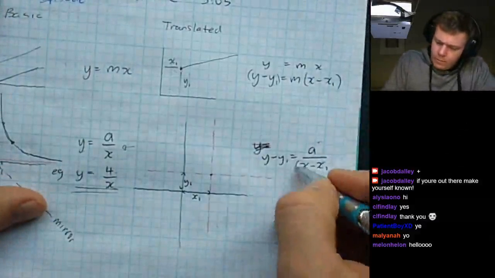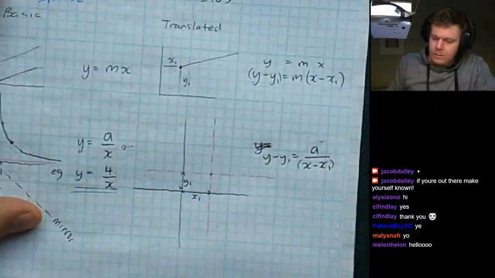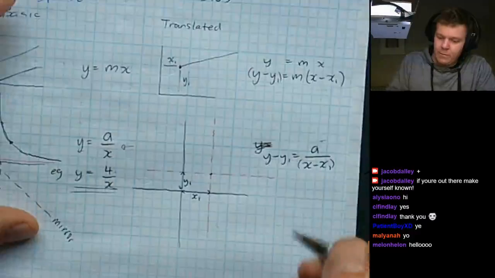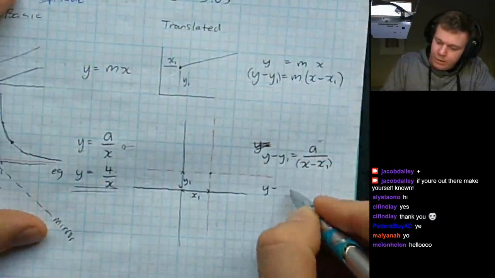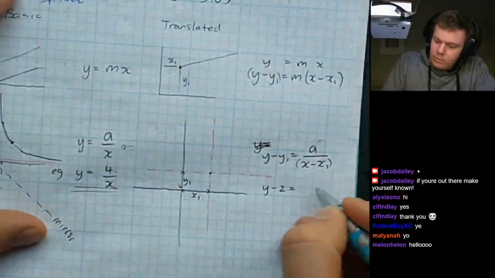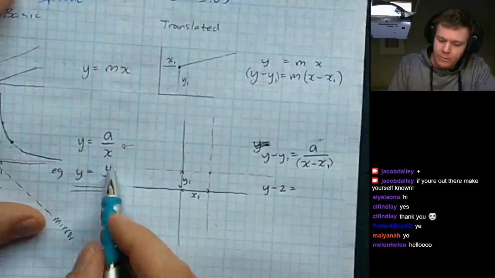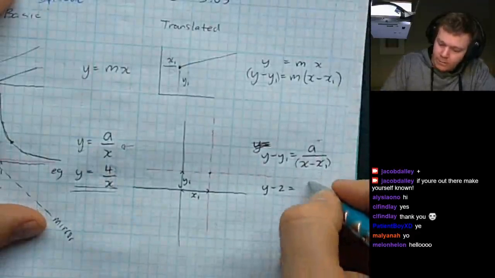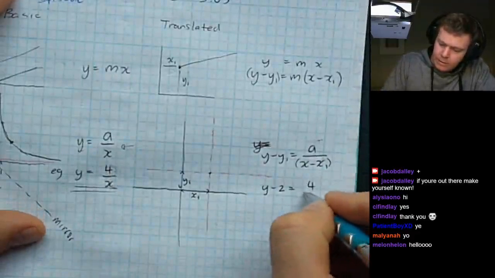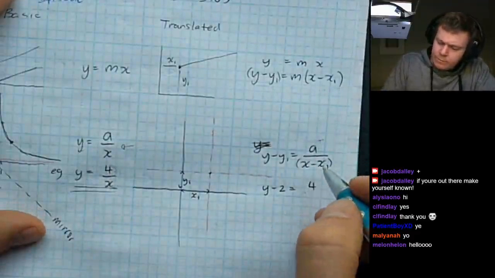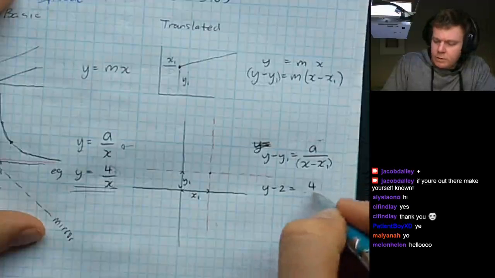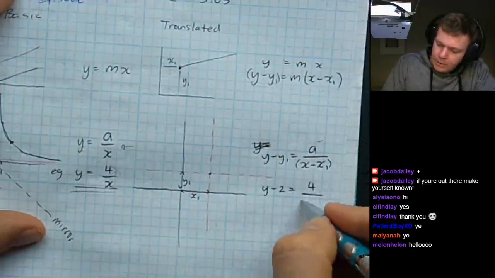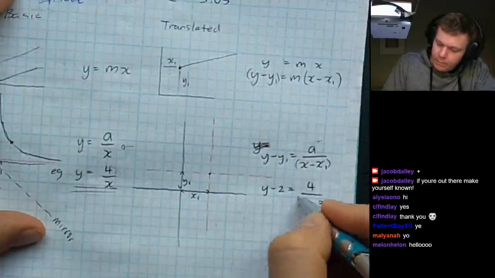So if we had this situation, it would be y minus 2 equals, we'll just keep the shape factor as 4, over x minus 3.